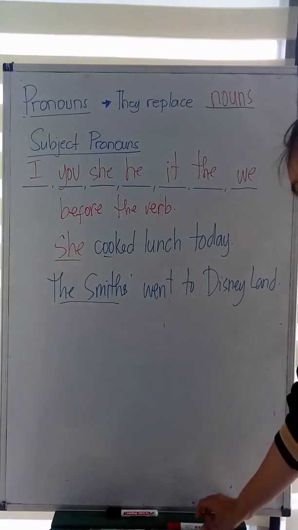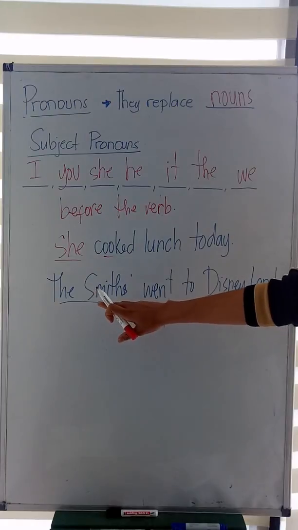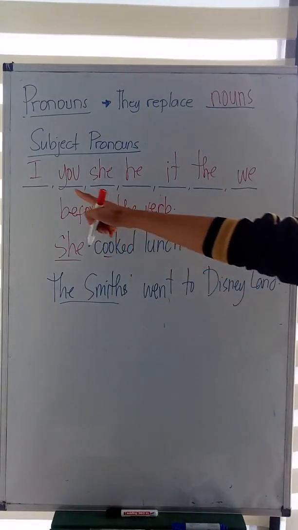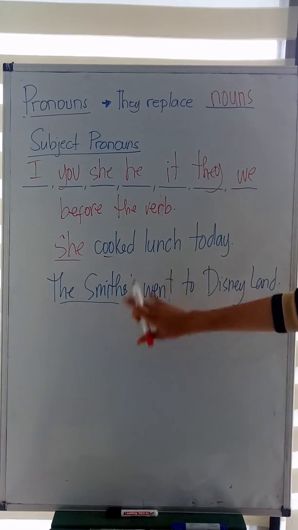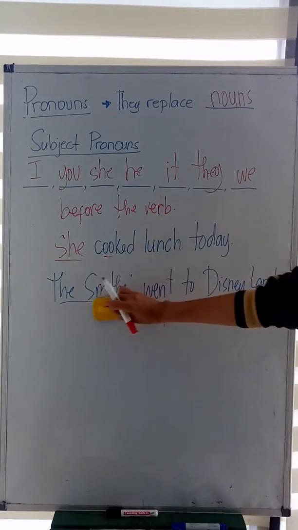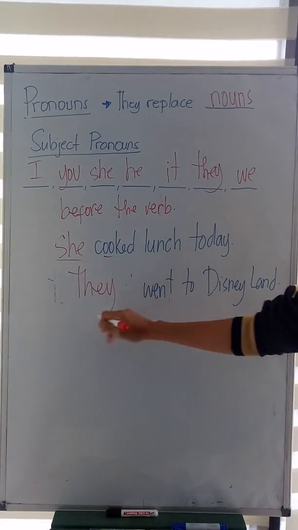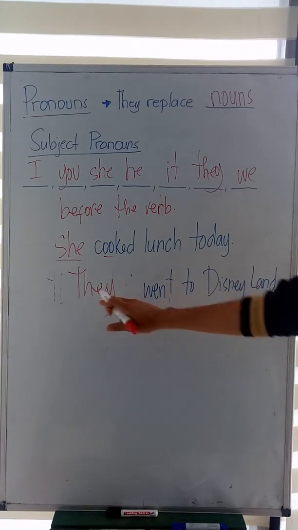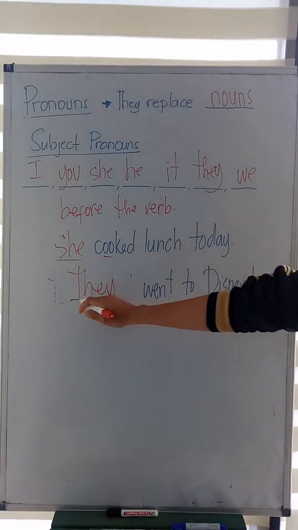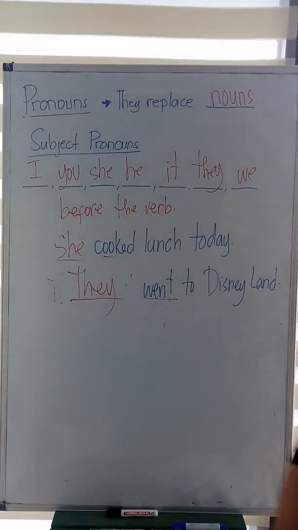So since it's a group, which subject pronoun are we going to use to replace our noun, the Smiths? It is they. So we replace the Smiths with they. They went to Disneyland. And as you can see again, they comes before the verb went.